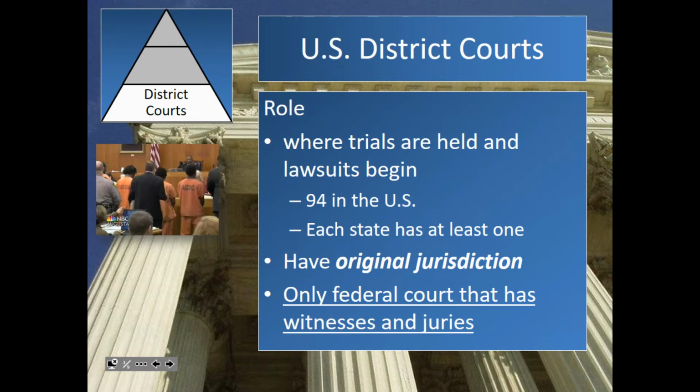As you go up this little pyramid here, you won't see witnesses anymore. You won't see juries anymore. You won't see them trying to figure out the verdict of whether this person was guilty or innocent. What you'll end up seeing is them re-looking at what's happened. So this is where all the meat happens. This is where the nitty-gritty happens. This is where the trial really takes place.